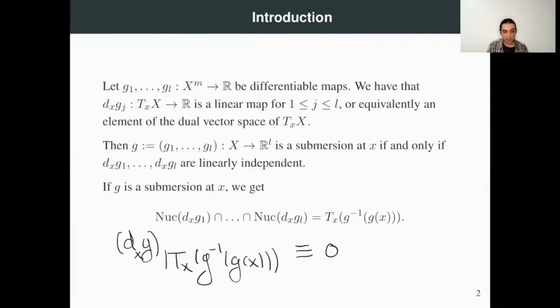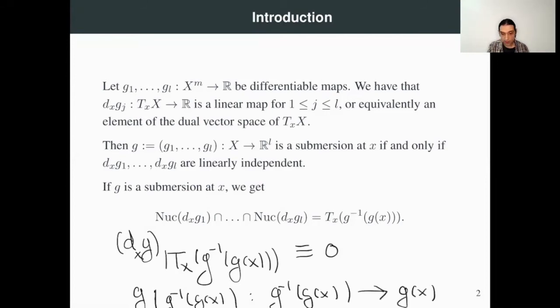And the reason is that the restriction can be obtained by considering the differential of the restriction of G to G minus 1 of G of X. But this is a constant map, and the image is indeed the point G of X. This is a constant map. And so the differential is zero. And that's the reason that we get exactly this.